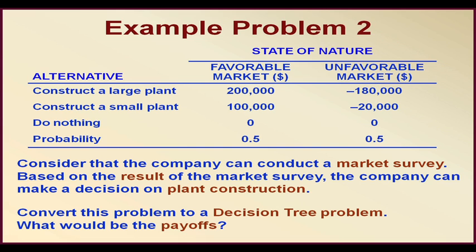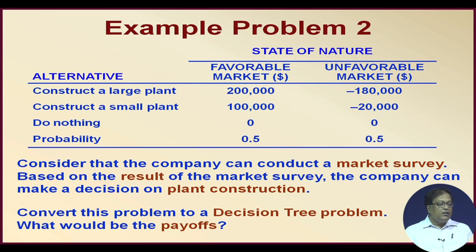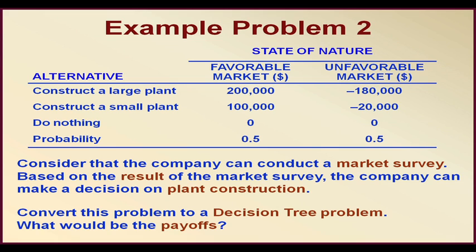So, first of all, let us look at the decisions. What would be our decisions? The first decision would be whether to do the market survey or not. Let us think about what things are coming into the picture.